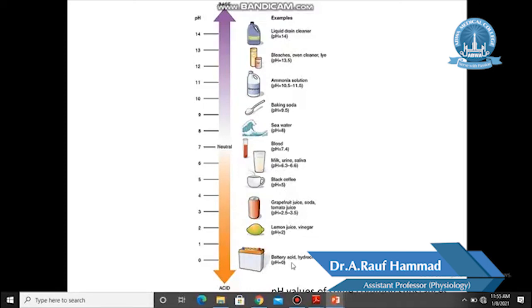Battery acid, hydrochloric acid, इनकी pH 0. It's the maximum number of hydrogen ions. And once again, you think about the pH of acid of our stomach. It is almost near lemon juice, which is helpful for digestion of food that we take.